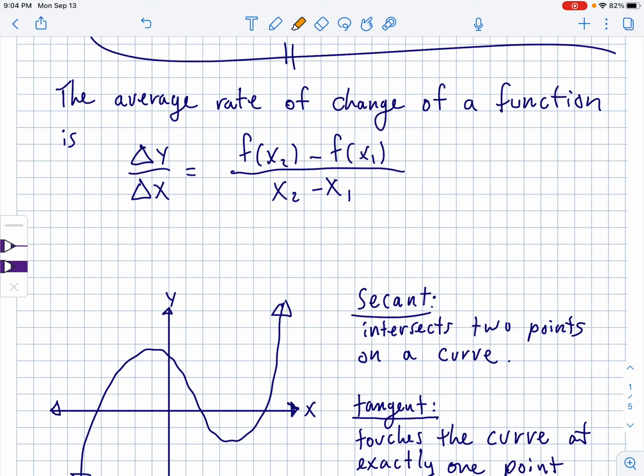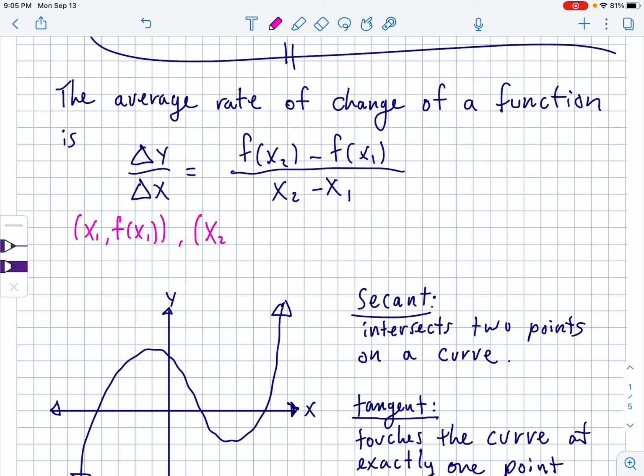That might seem kind of confusing, but if you think about 2 points on a line, the first one being x1, and instead of saying y1, you can say f of x1. Because f of x is the same thing as y. So if you put an x1 into a function, you get an f of x1 out of a function.